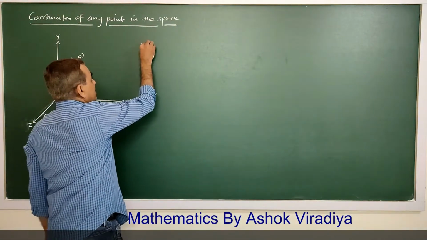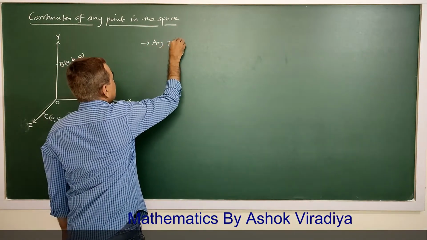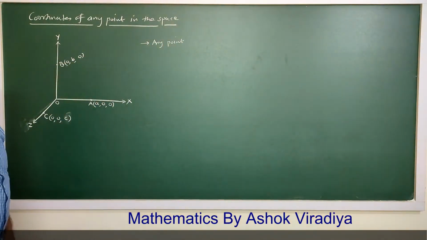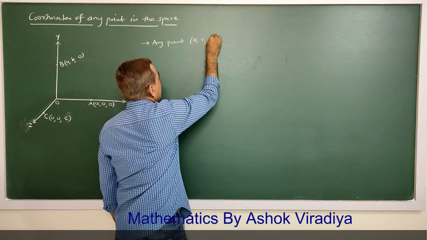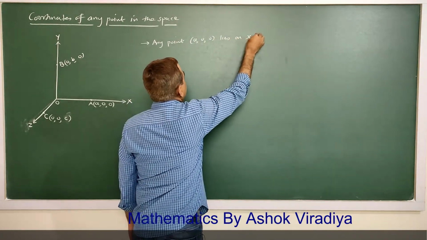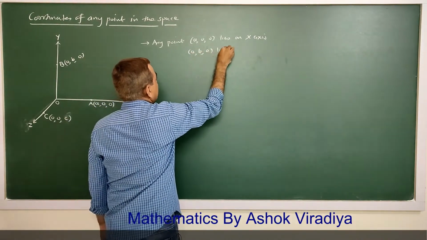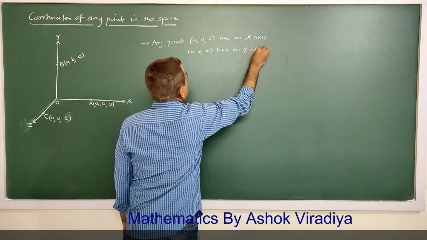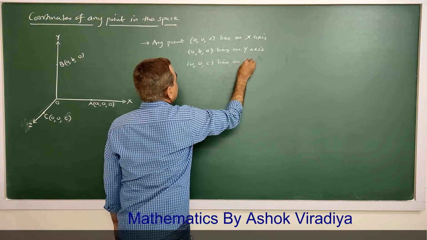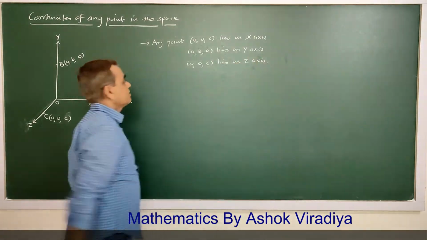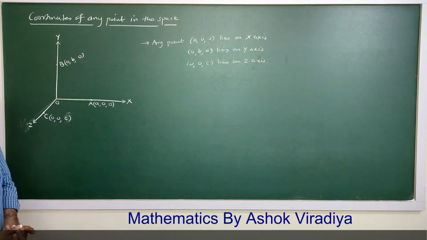So we are putting these statements: any point which has y and z coordinate 0 lies on the x-axis, this point lies on the y-axis and this point lies on the z-axis. So this is the property of a point which lies on a coordinate axis.